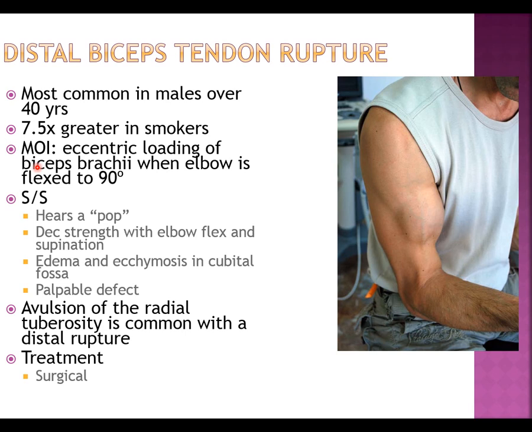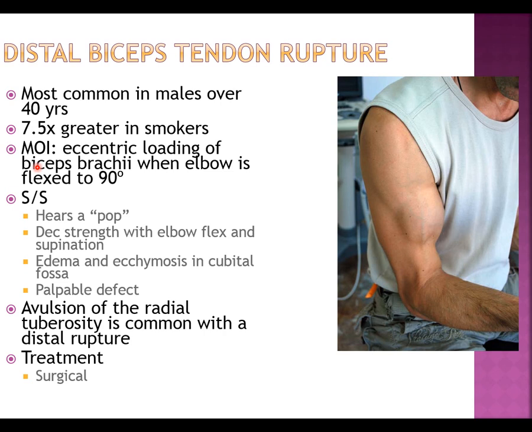If you're lifting really heavy things and you're not really used to it, lifting a box or setting it back down and it's really heavy, that's your eccentric contraction, again causing that rupture to happen. Generally speaking, you're going to hear a pretty good pop because you just ruptured a very large tendon. There's decreased strength with elbow flexion and supination because your biceps brachii does elbow flexion and supination. You'll probably have some decreased shoulder flexion strength as well.